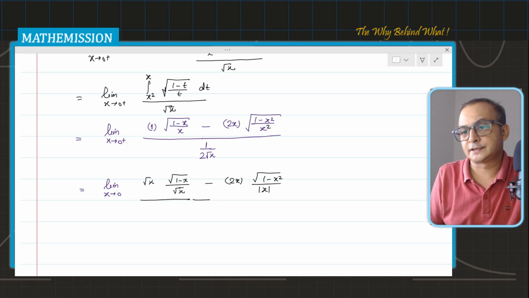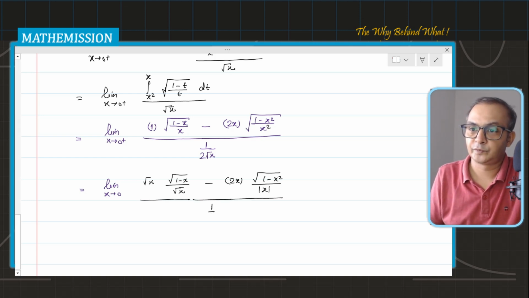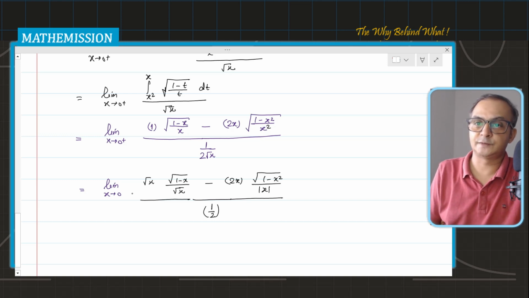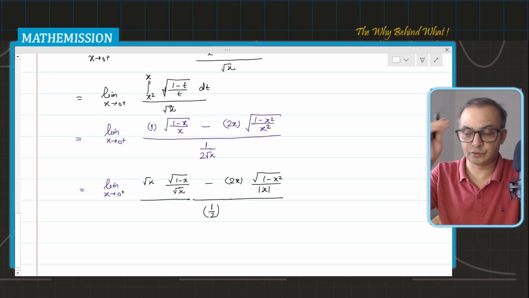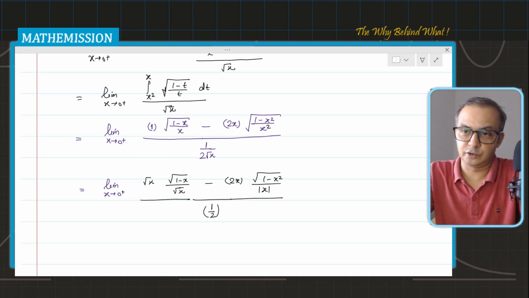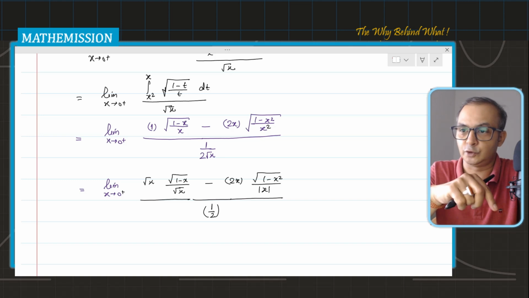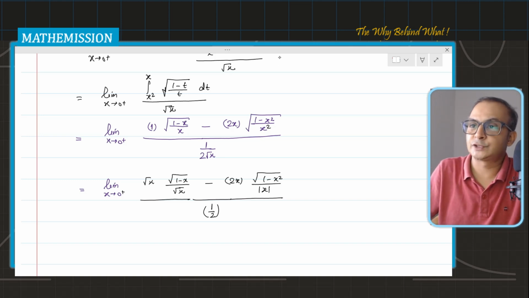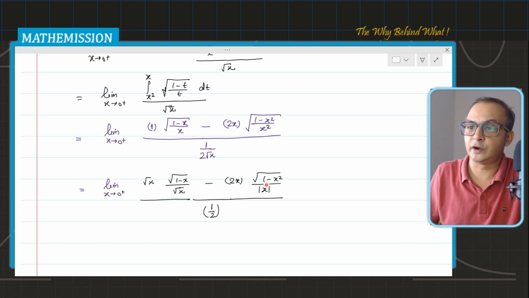The mod x I'm writing because I'm taking the square root of this, but notice x is always positive because we are approaching 0 from the positive side, so we will never be in the domain of x less than 0. So mod x will be only x, so I can write this mod x as x only. This x and this x will cancel. Again, this root x and root x will get cancelled.